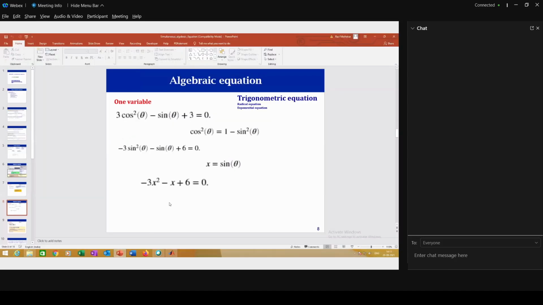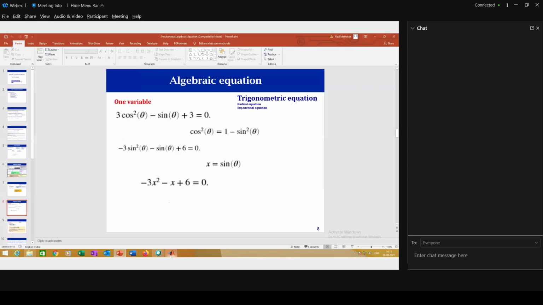So I define theta as symbolic, and then I can write 3 into cos of theta into cos of theta, that's 3 cos square theta, minus sine of theta plus 3.